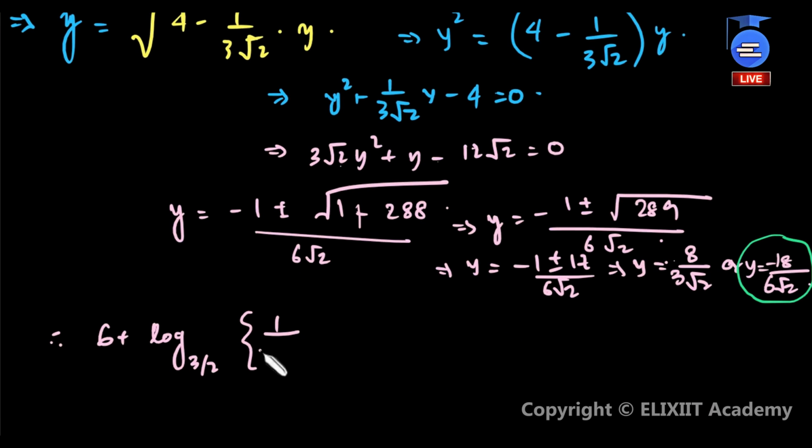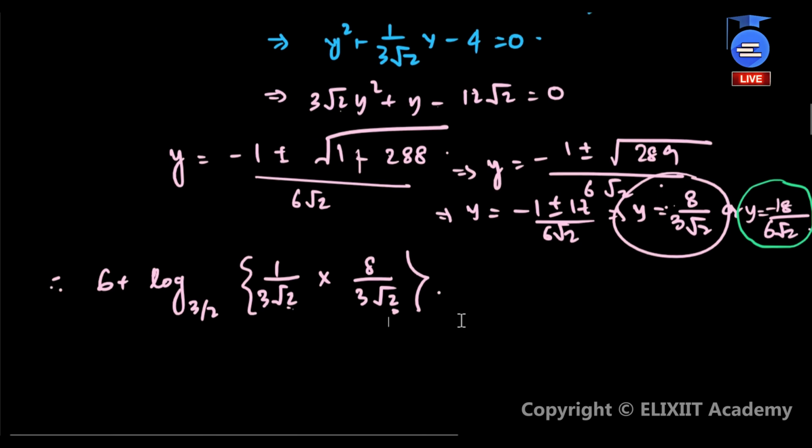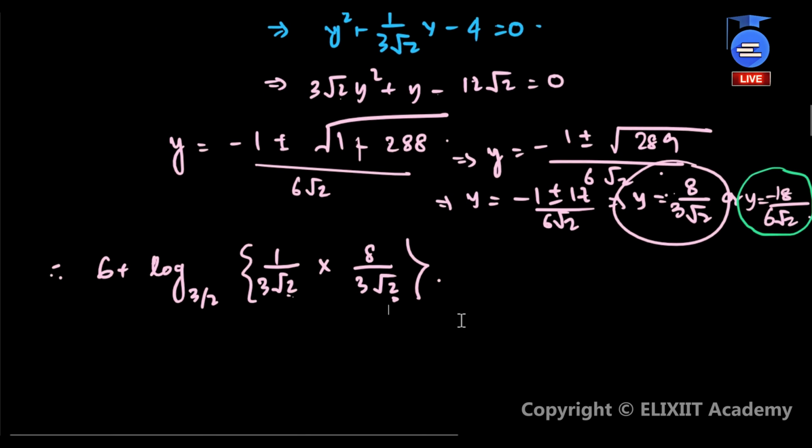So this is 1 by 3 root 2 into 8 by 3 root 2. Now simplify. This is 2 into 2, 4. This will become 2 by 3, and this becomes 2 by 3.